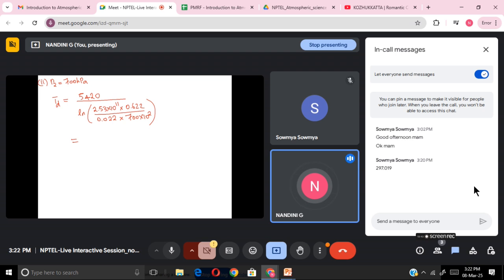So in the second case, how much is it coming? The pressure is changed from 850 hectopascal to 700 hectopascal. The parcel is basically raised from a lower height to a higher height, at lower pressure.